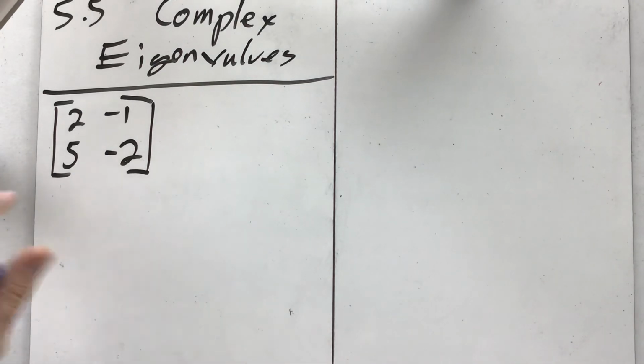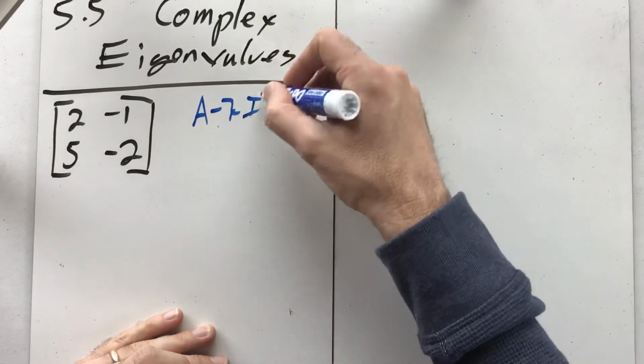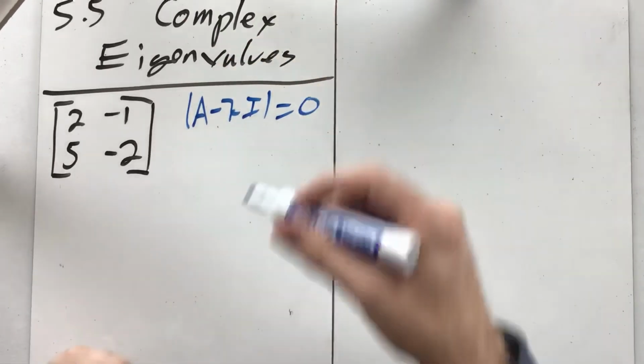But let's just begin with this problem, and we'll just tackle it, and as we go through this problem, you'll see how we find and calculate complex eigenvalues. Okay, so the first thing we're going to do is the same thing we've always done, and that is we do A minus lambda I, and we take that determinant and set it equal to 0.